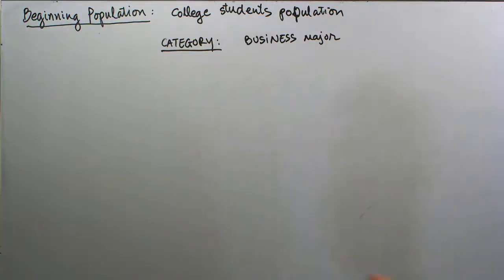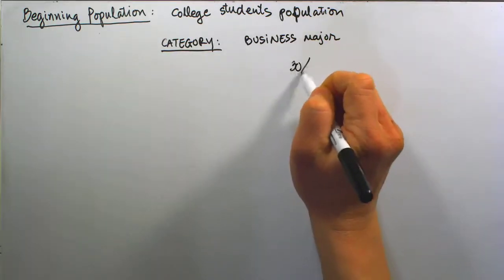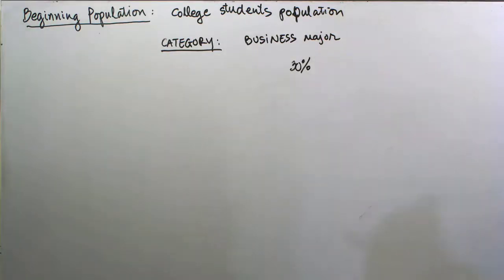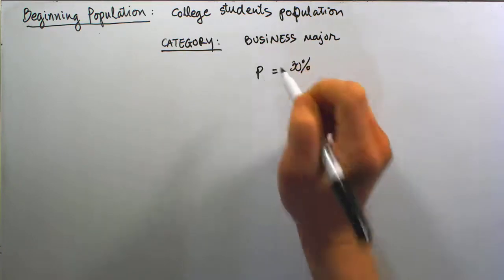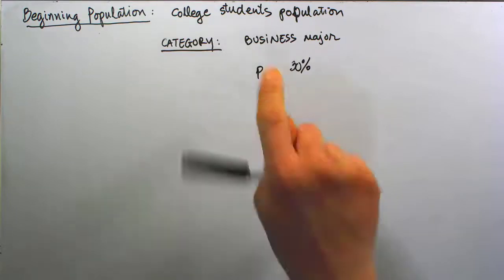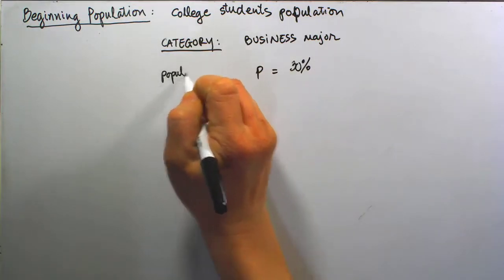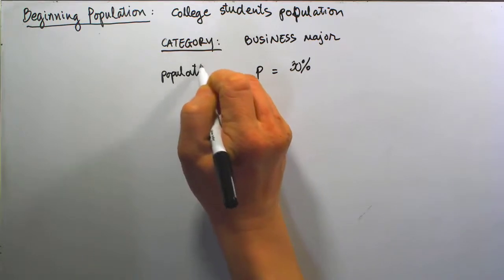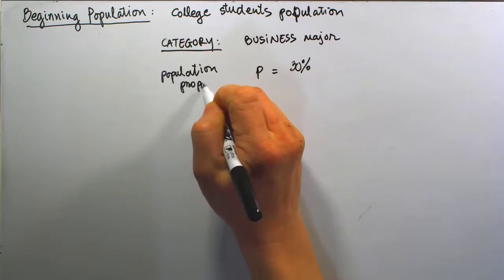In that way, the value 30% that we have found is considered the population proportion. This is the reason I indicate it as a lowercase letter p, the population proportion.